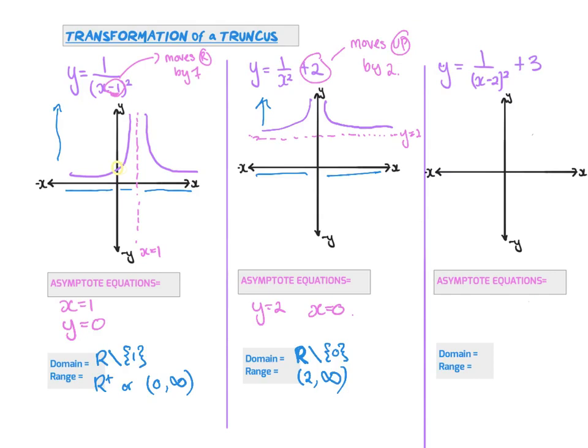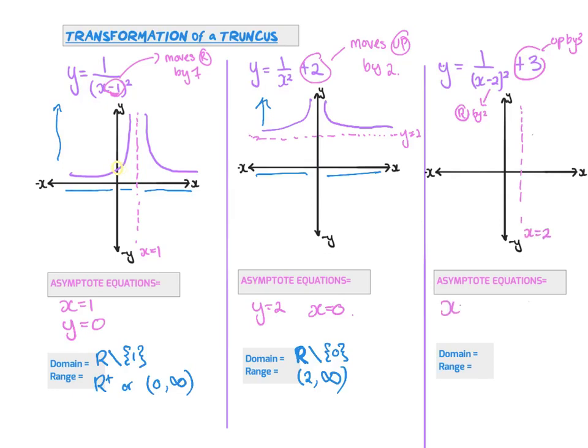So the last one, if we look at our asymptotes, it has moved to the right by 2, and this is up by 3. So if we move that, we would have x equals 2.